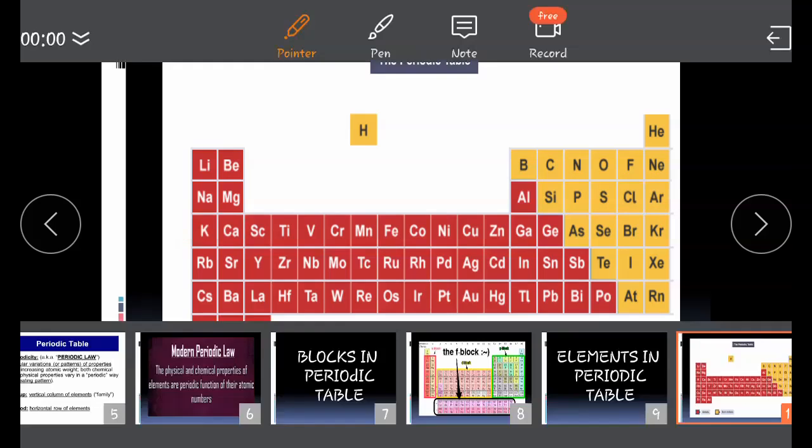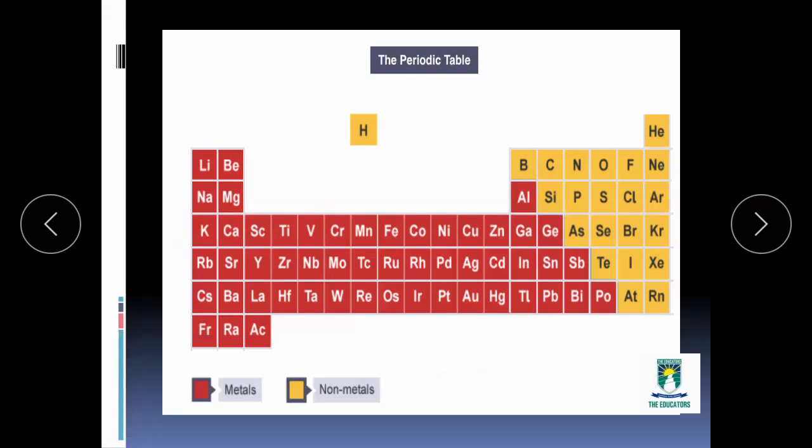You have to learn the first 20 elements with their atomic numbers and atomic masses, but keep this in your mind that in the modern periodic table, elements are arranged according to their atomic number, not according to their atomic masses. Still they have atomic masses, but in this periodic table they are arranged according to their atomic numbers.